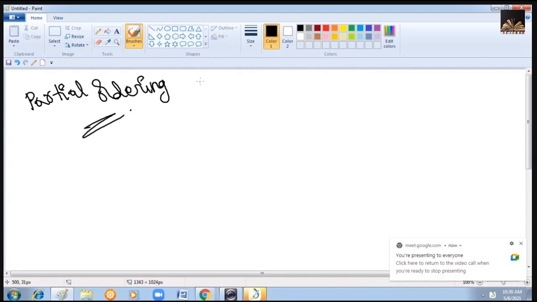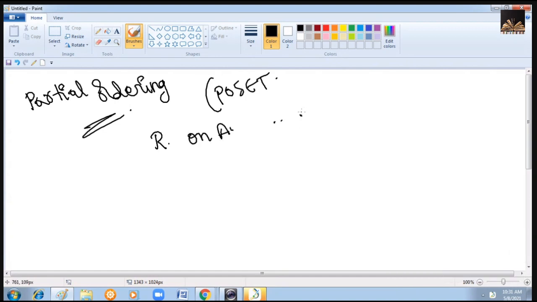Partial ordering of relations. So it is also known as poset. A relation R on a set A is called a partial ordered relation if the relation is reflexive, antisymmetric, and transitive.